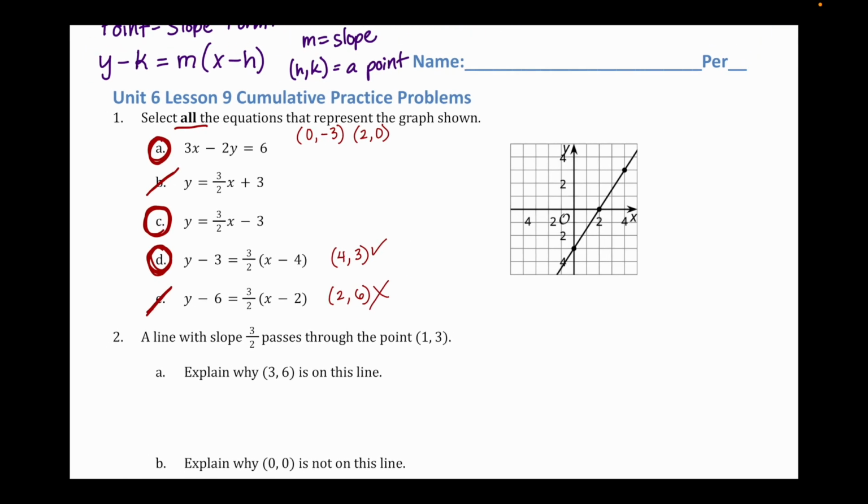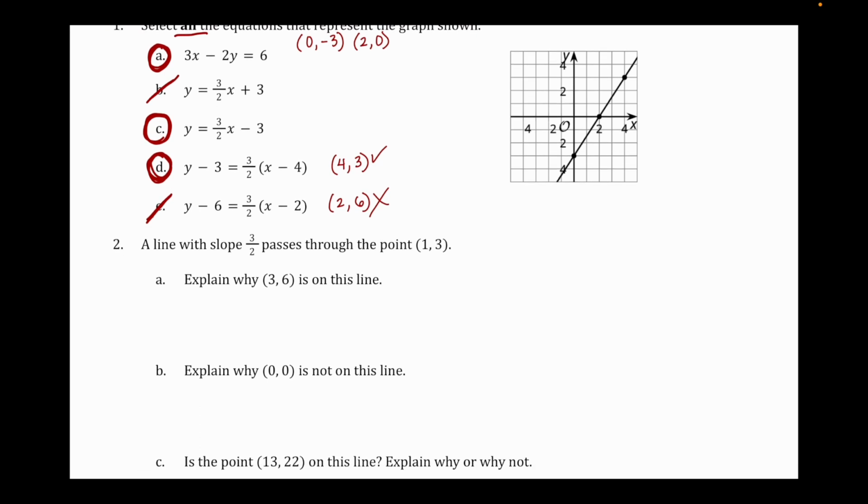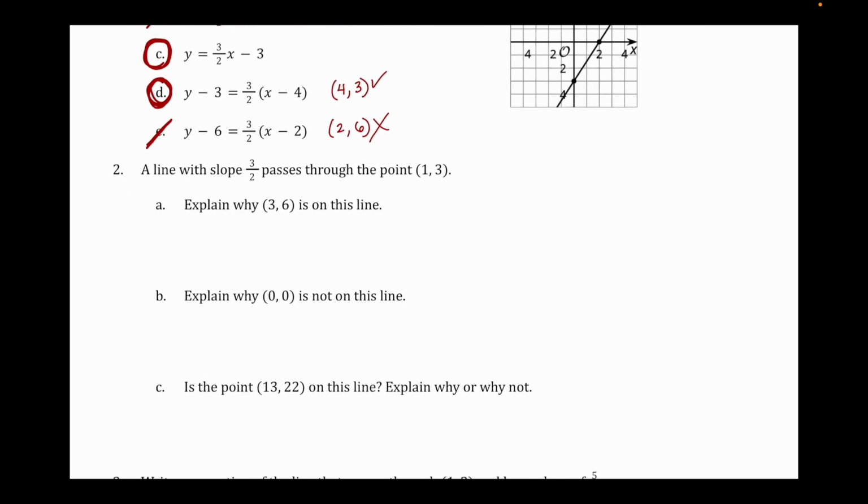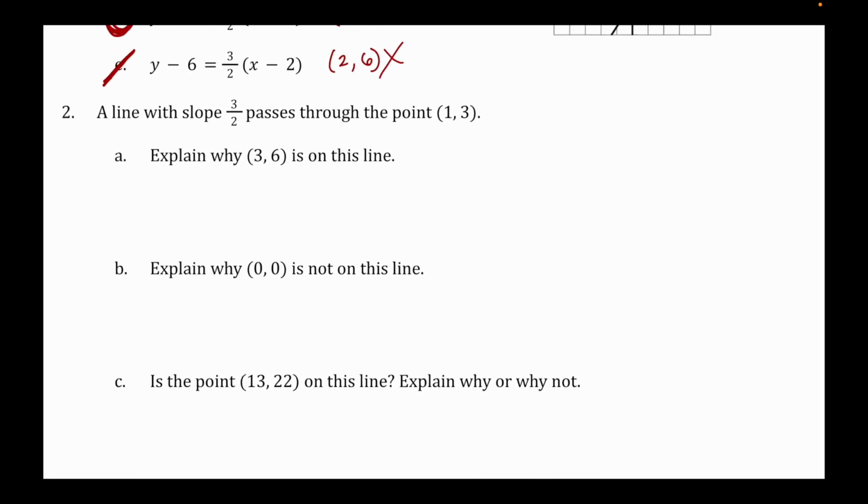And that's just the first question. Now, we want to look at a couple things here. On this next one, they're telling us about a line with a slope and passing through a specific point. I'm going to use that to write an equation here. Point slope form is great because it tells us the relationship between any point, where we can plug those values in for x and y.